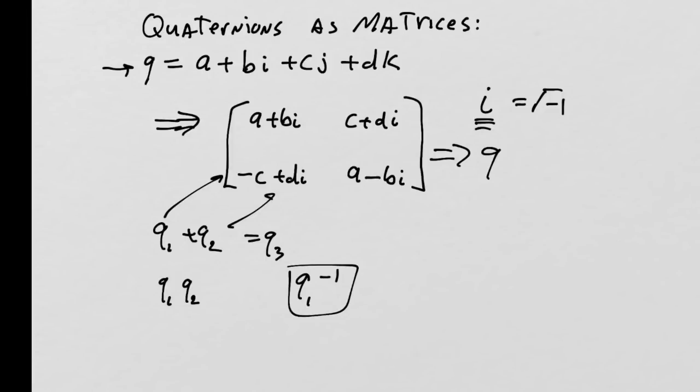If I want the norm of the quaternion, I just take the determinant of the corresponding matrix. So I can represent Q, a quaternion, as a 2x2 complex valued matrix. It's an important thing to keep in mind. We will use this fact from time to time.